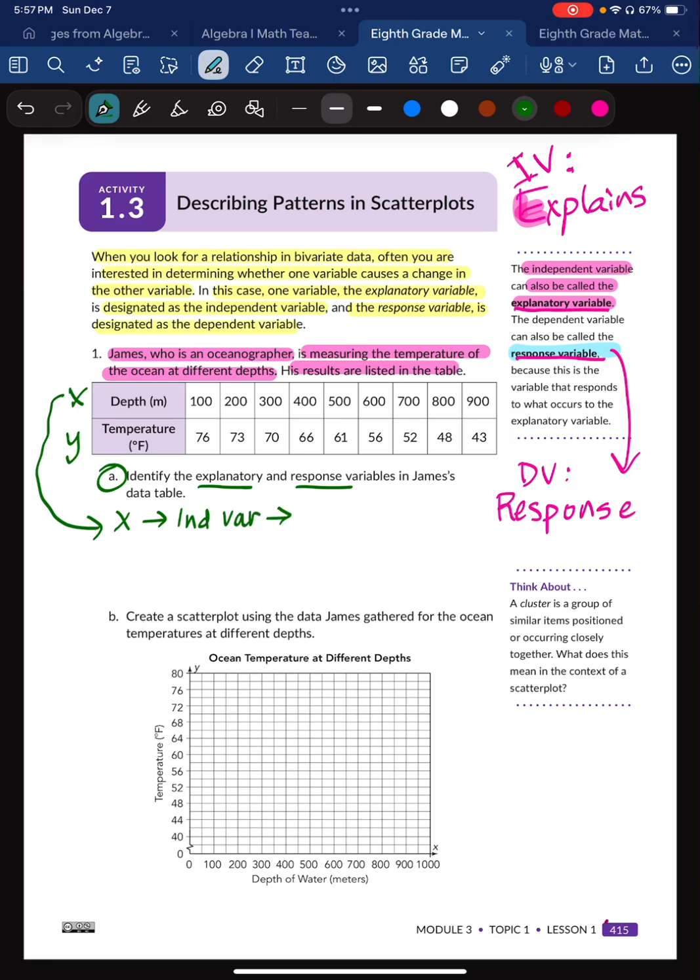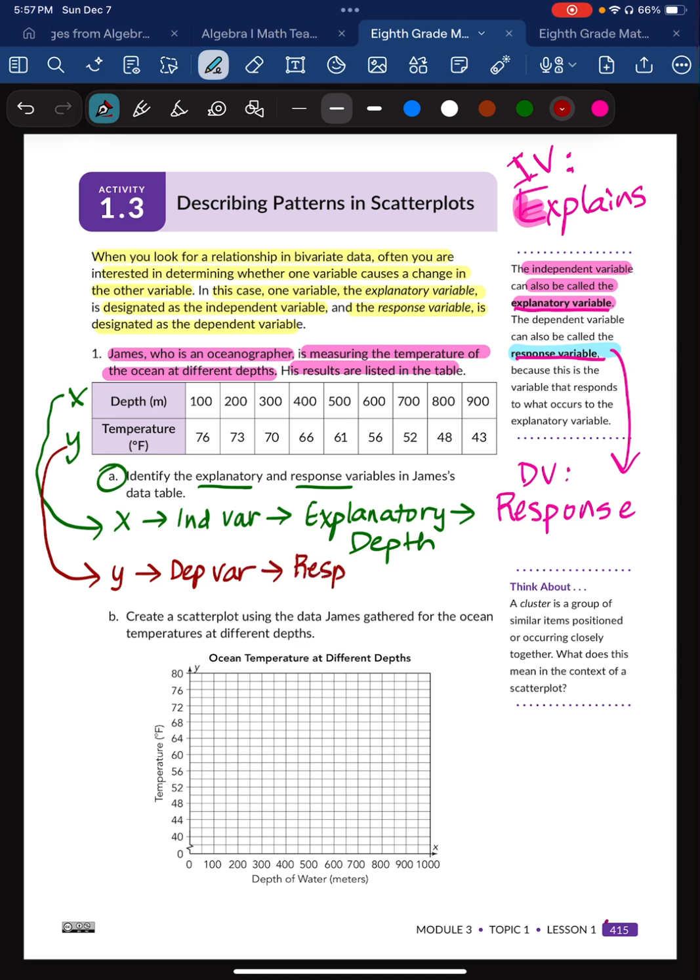It's also now called the explanatory variable, and it is the depth of the ocean that he's at. Then let's look at the Y. That is normally our dependent variable, so we're going to call that our response variable, and it is the temperature.